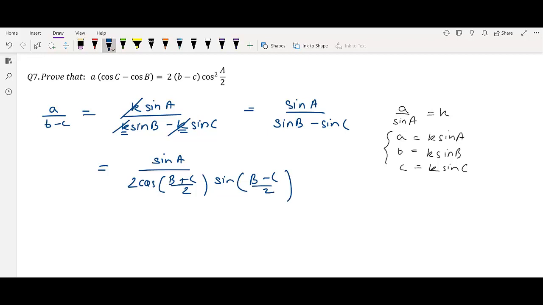Okay, that is just how the identity works. And the sine a itself can be written as 2 sine a by 2 cos a by 2. Okay, remember we did something similar in the previous question, in the question number 9.